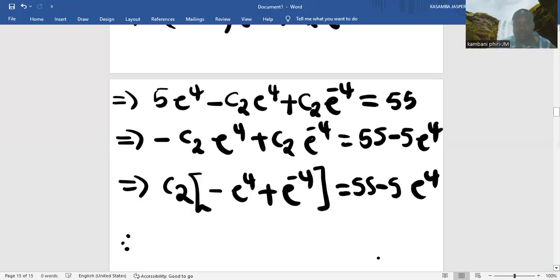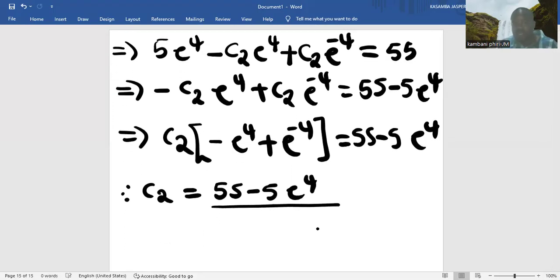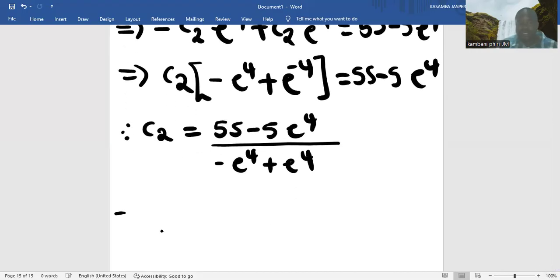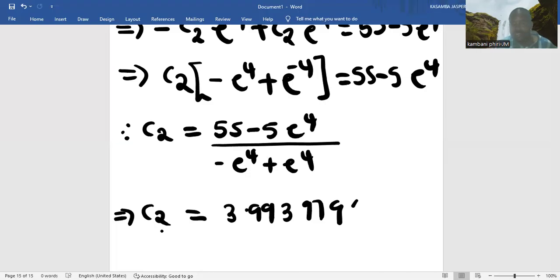So C2 is equal to 55 minus 5 e to the power 4 divided by negative e to the power 4 plus e to the power negative 4. When you work it out, C2 is equal to 3.993979692.04.